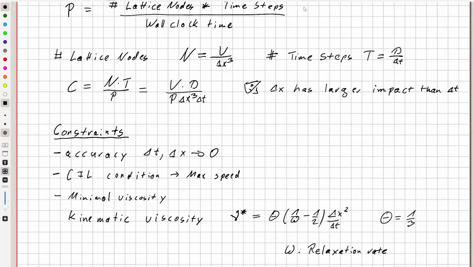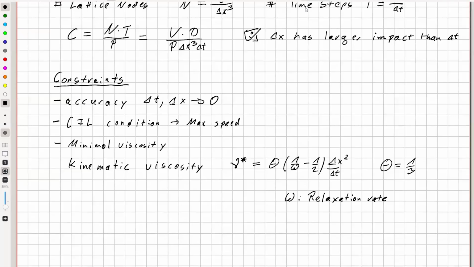And now this viscosity, we want to see what influence this has on our grid spacing and time step. And we can, of course, then write this like this, that grid spacing squared is viscosity times time step divided by theta times 1 over omega minus 1/2.